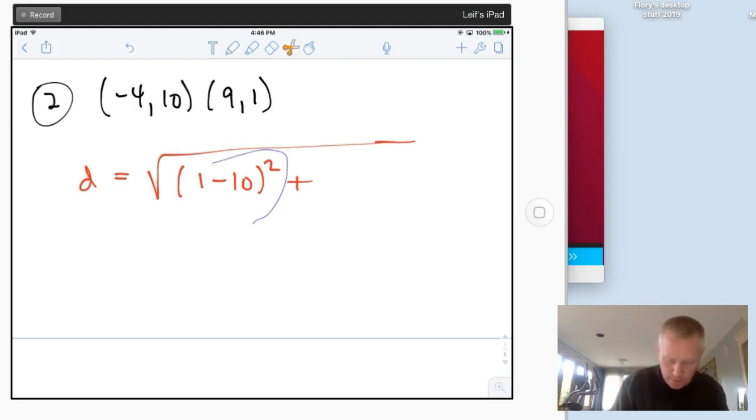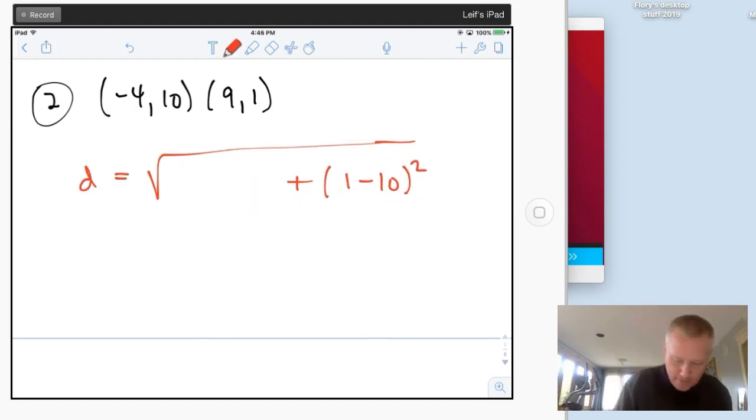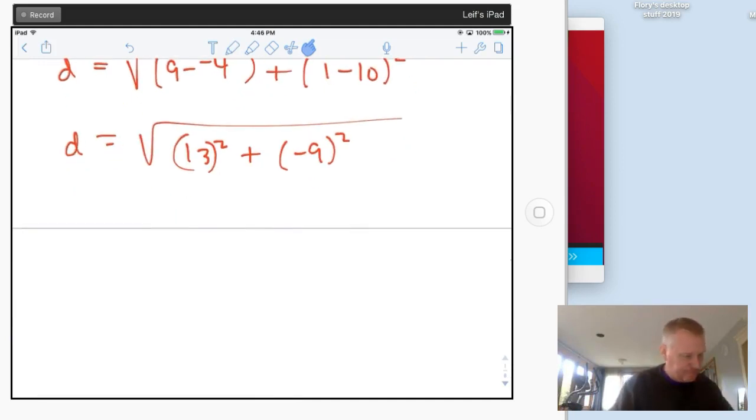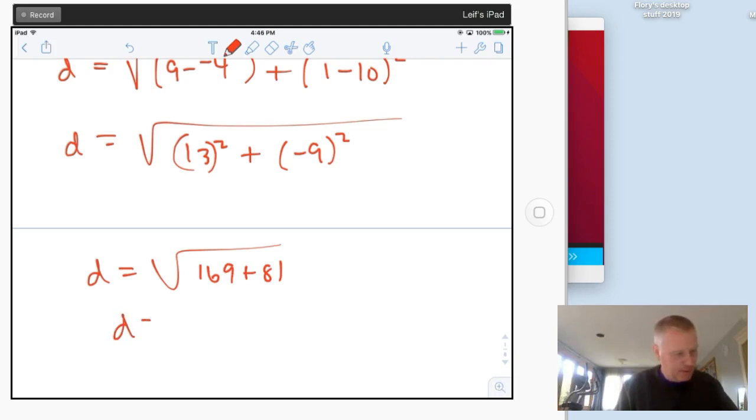Okay, so now I messed that up. So that's 13 squared plus -9 squared, which is 169 plus 81, which will end up being square root of 250.